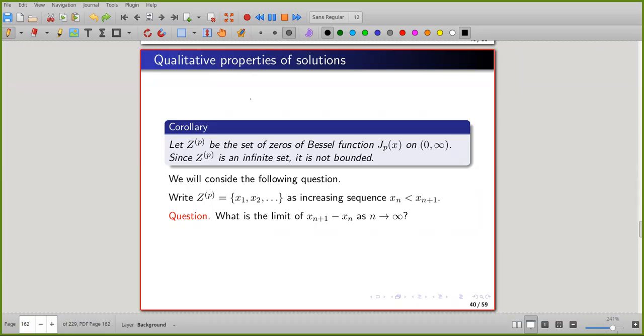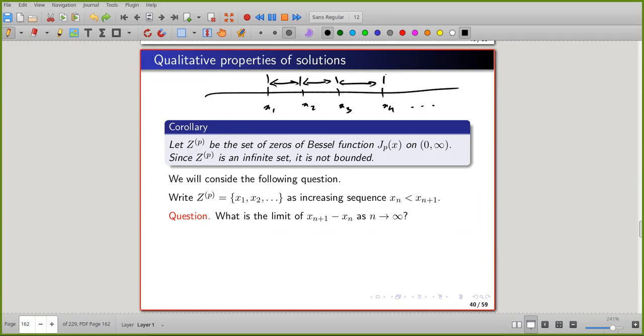So we have the zeros of the Bessel function. This is my x1, this is x2, this is x3, this is x4, and so on. Can we say something about these lengths? Notice that the Bessel functions are given by some horrible series.